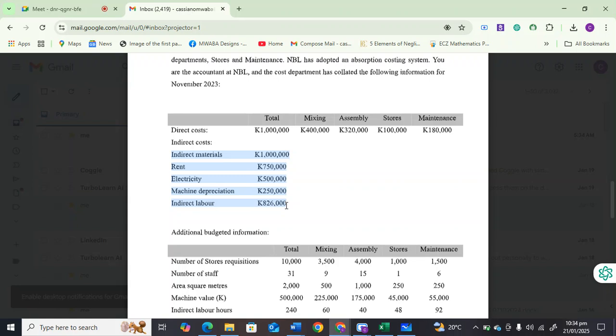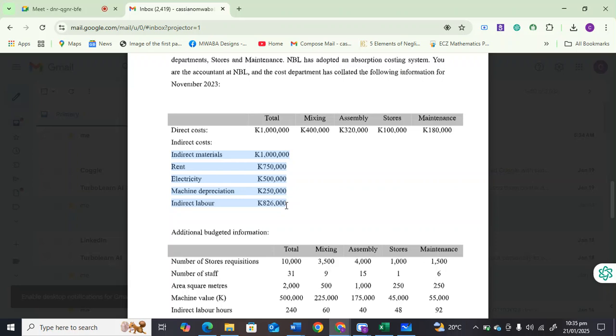Then the third stage, after we have reapportioned the overheads, we're going to get again the grand total overheads for the production departments. Once we get the grand totals, in order to get our overhead cost per unit, we're going to select an absorption base, how we're going to absorb the overhead.